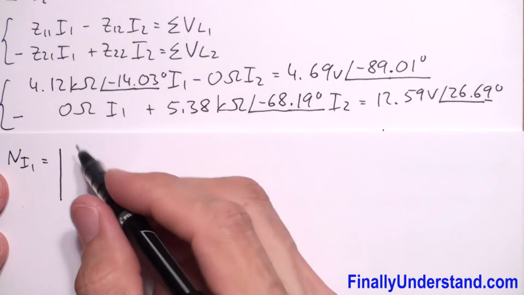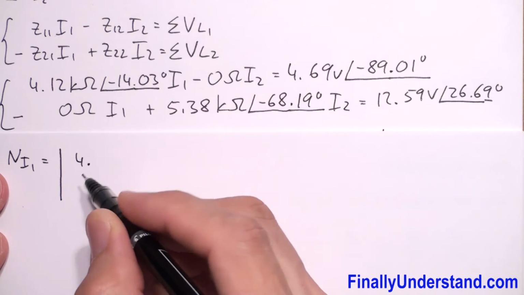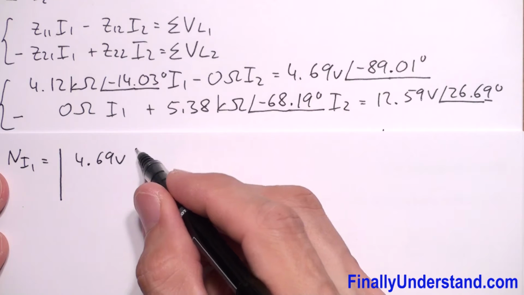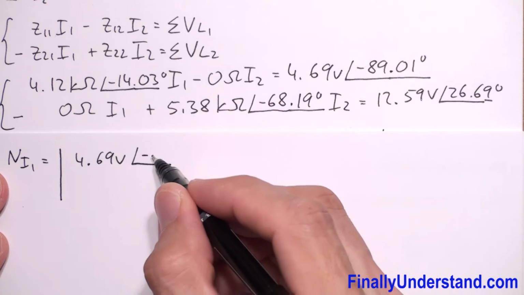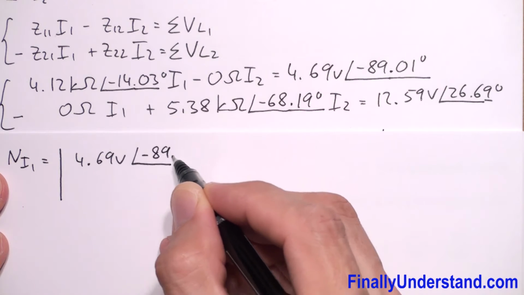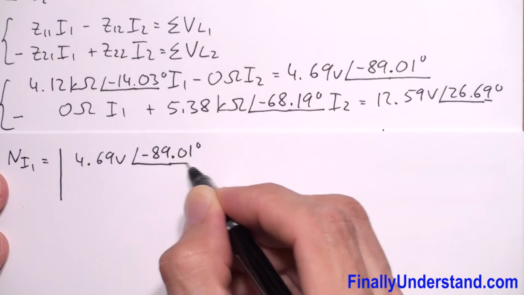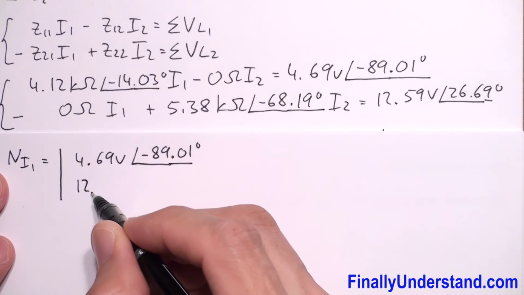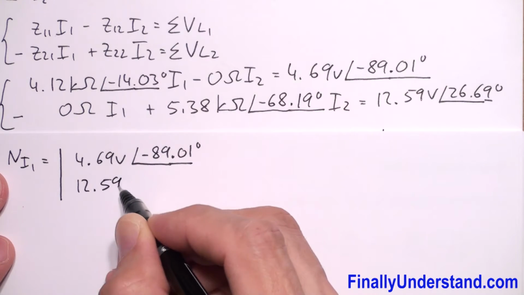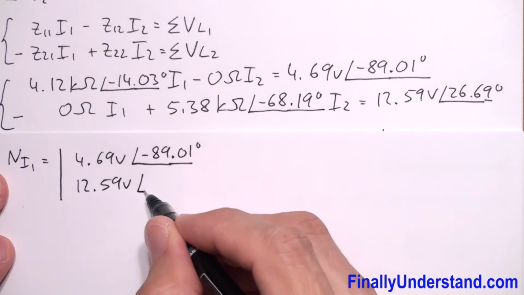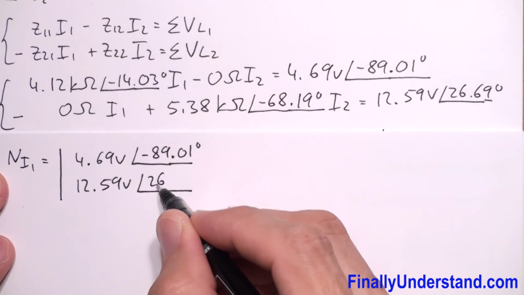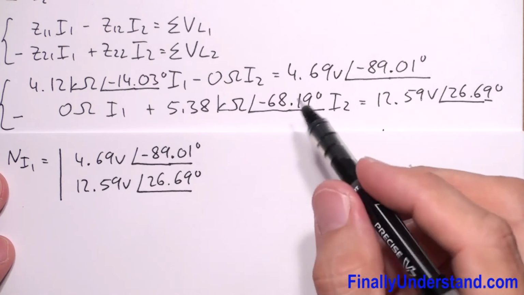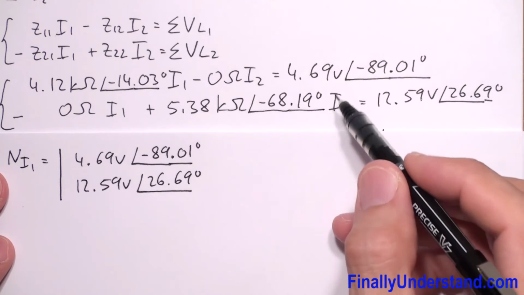So I have my voltages: 4.69 volts and angle of negative 89.01 degrees, and my second voltage is 12.59 volts and angle of 26.69 degrees.